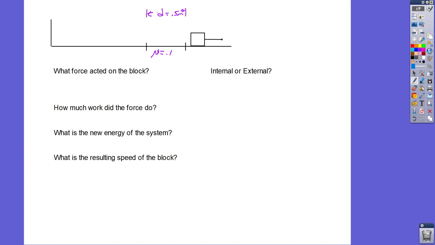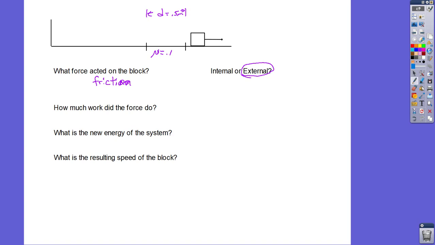Okay. So now, when we look at this in between these 2 points, while it was there, what force acted on the block? Well, that was friction. Was the friction internal or external? Oh, the friction was external because the ground is not part of the system, so that's external. All right.